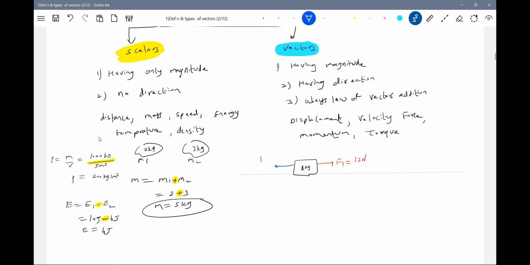Then I'll also pull with one more force, let it be 4 Newton. Now, what is the net force acting on this box? Both forces are acting in the same direction, so I'm going to add 12 plus 4, which will be 16 Newton.